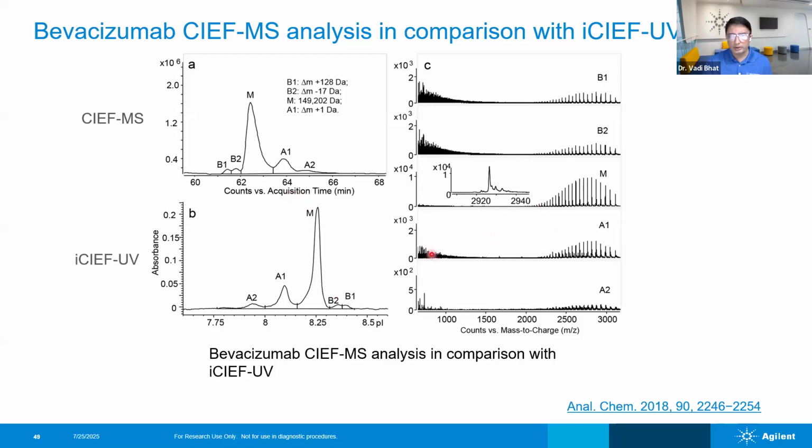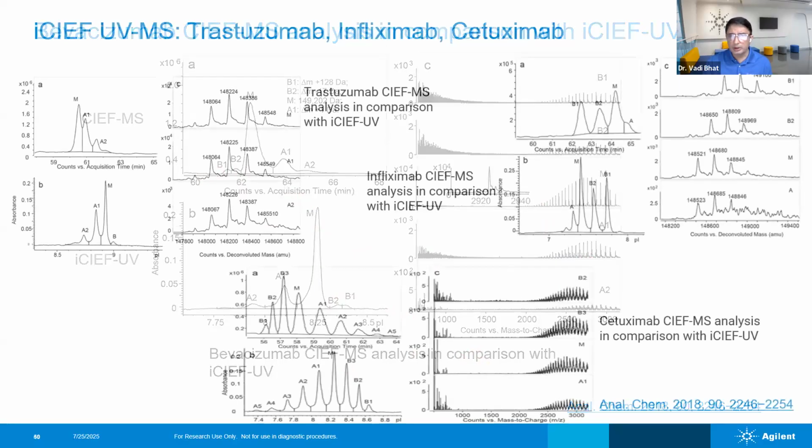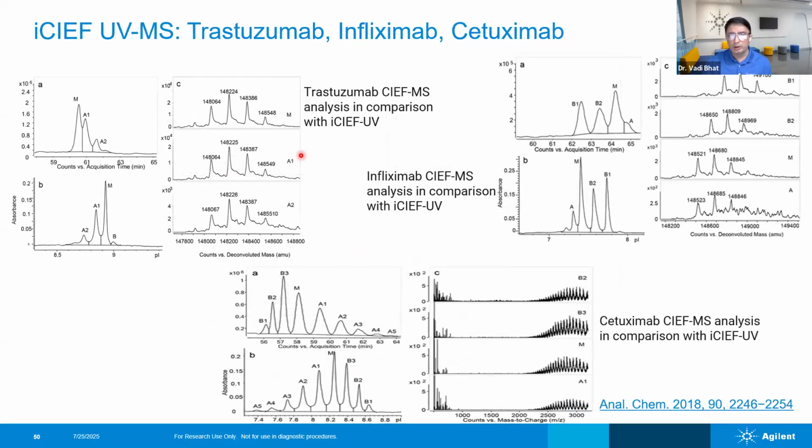And then of course mass spec analysis of the different peaks, in simple time of flight mass spectrometry. As I mentioned, many monoclonal antibodies are analyzed in this particular application in this publication, showing how the charge variants look in both UV, that's CIEF, as well as ICIEF.